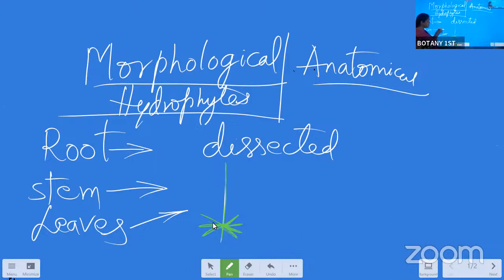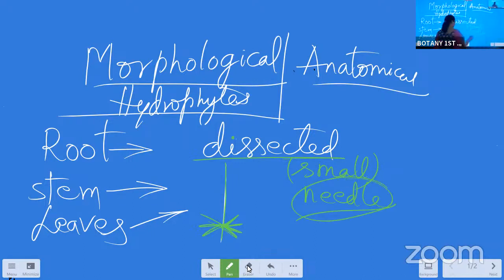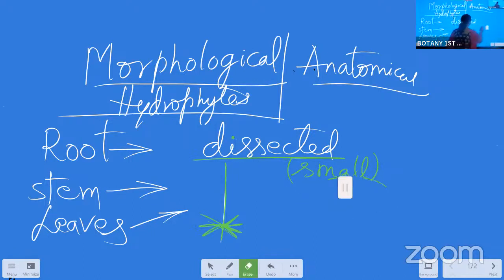So we have to use some specific words over here, that is, dissected. Otherwise, if you don't know this word, then you can write small, or we can write needle-like. Anything is fine, but we have to write how they look.